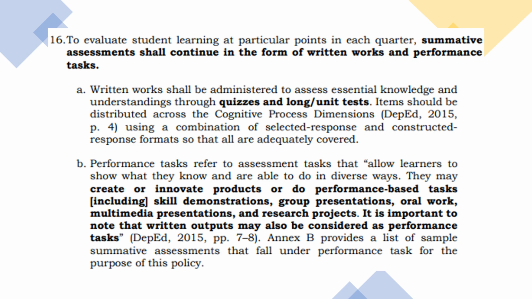So written works could be in the form of a selected response type of test and/or a constructed response type of test. A selected response type of test is a type of test wherein there are already options or choices, and the students need just to select the best answer.